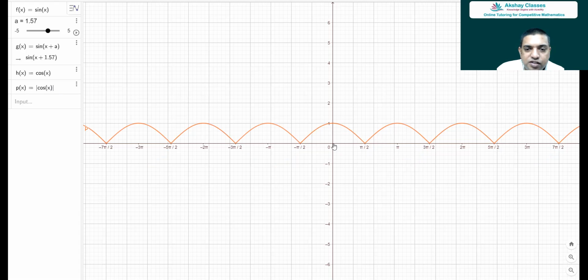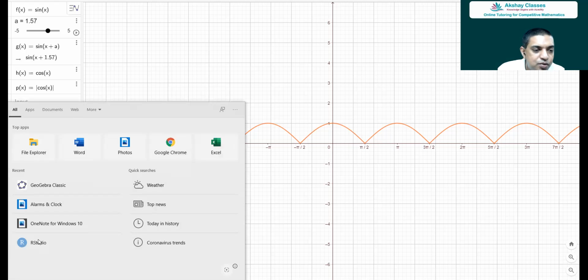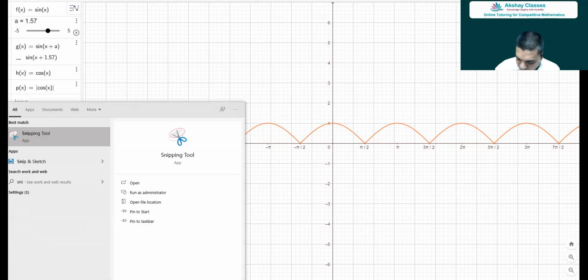Now modulus of cos x from 0 to pi, the values of cos x, it is 1 plus again symmetrical 1. So this is what I wanted to explain, if we have a graphical understanding.